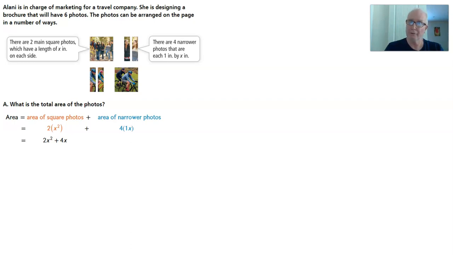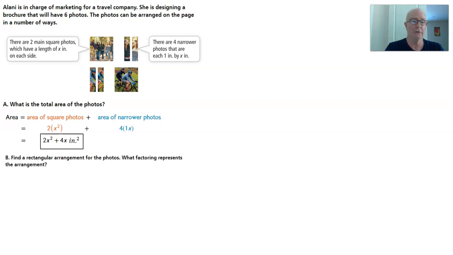Now, is that our answer? The question said, what is the total area? And we were given units. So the total area is 2x squared plus 4x square inches. And so in our answer, we need to remember the units.